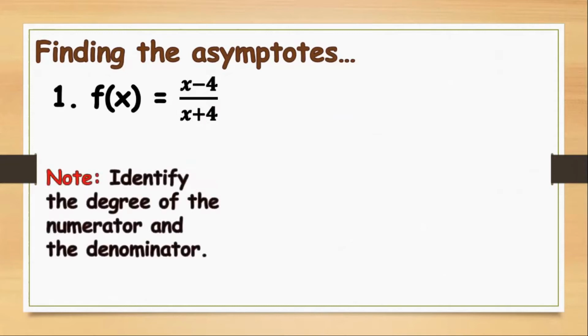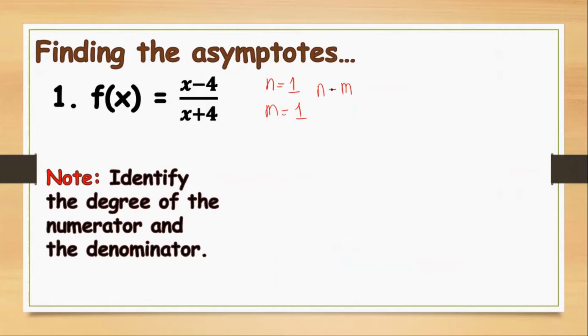Let's continue. How about our horizontal asymptote? Take note that we have to identify the degree of the numerator and the denominator. So, with this one, this is understood as x raised to 1. Therefore, the degree of our numerator n is equal to 1, and the degree of our denominator is also equal to 1.